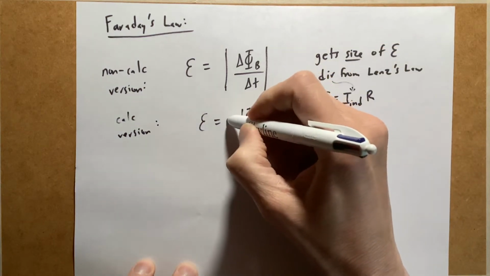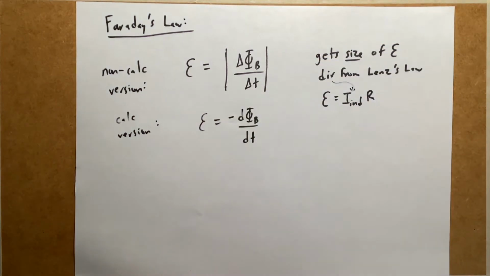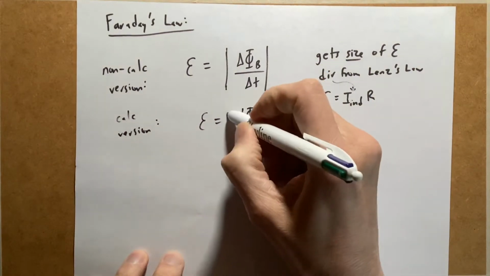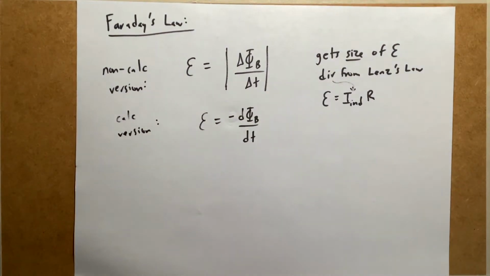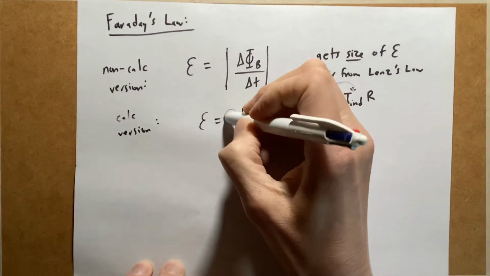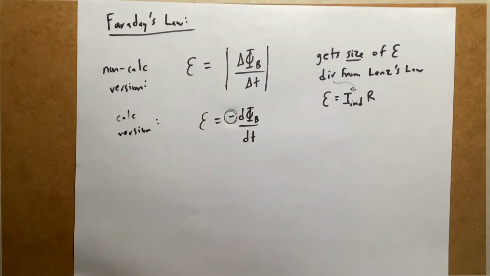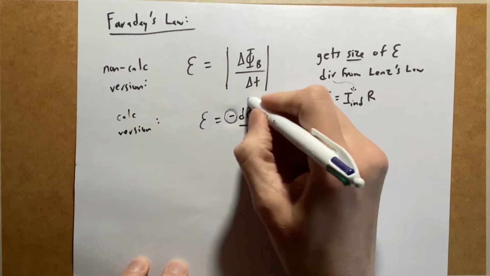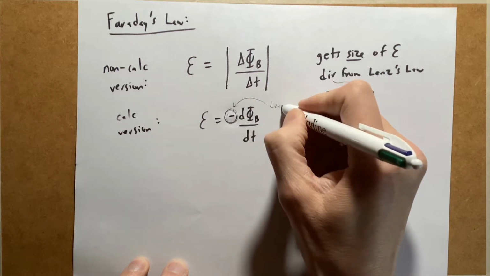The one big difference you will notice is that the official version of this law does have a minus sign in the front. That minus sign is the mathematically sophisticated coding of Lenz's law.